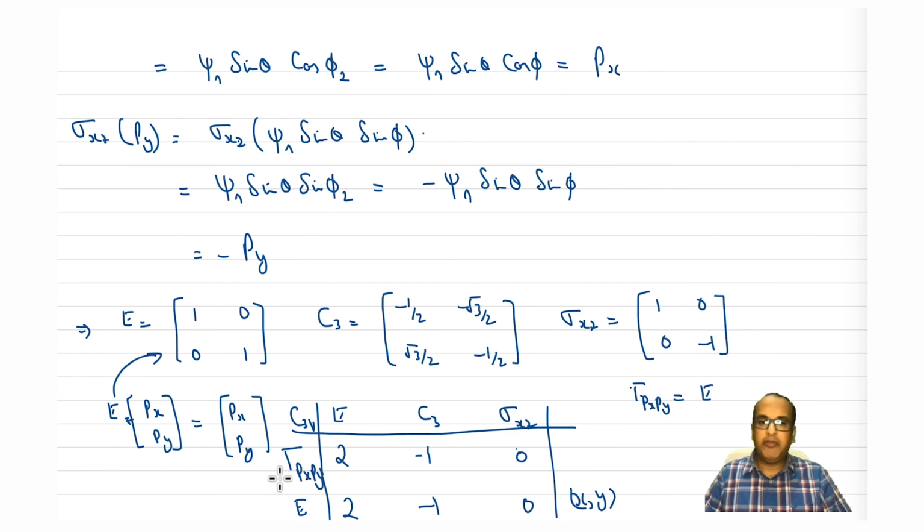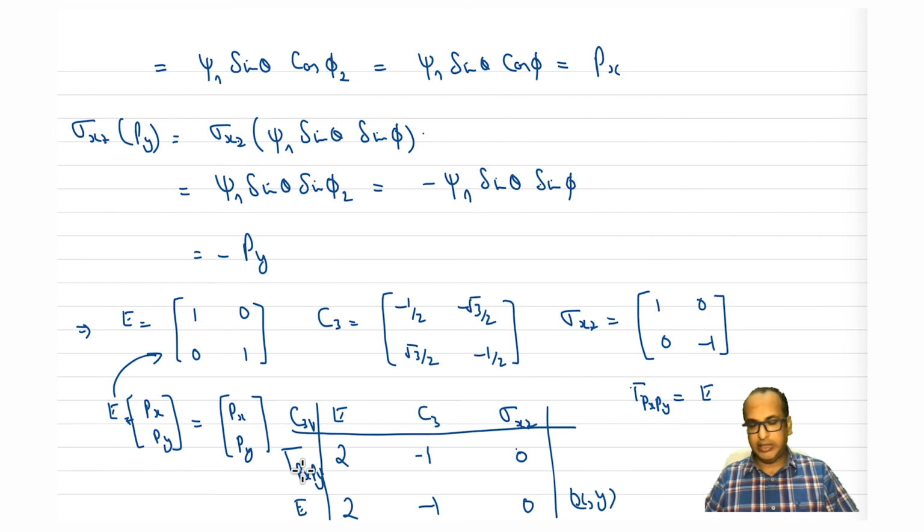So px and py orbitals, because they are lying along x and y, will also transform as x and y, right? So they will also form the basis of E orbitals. Actually, this is the reason why this particular function, which is given by px, is called px, because to start with, we didn't know whether this function is lying along the x-axis or along the y-axis.